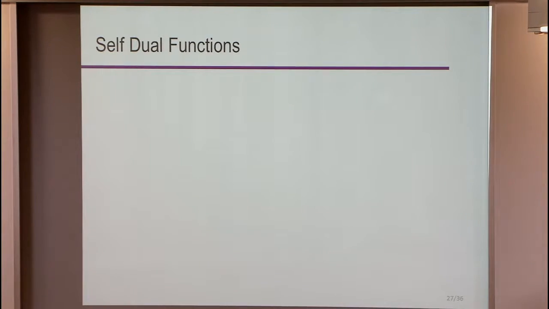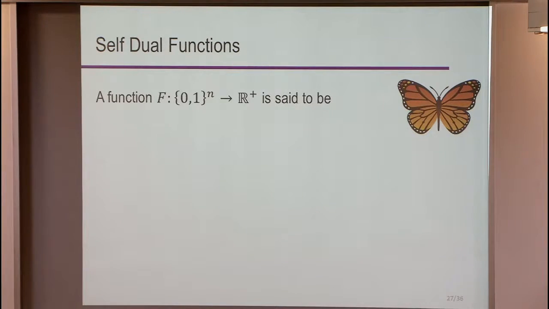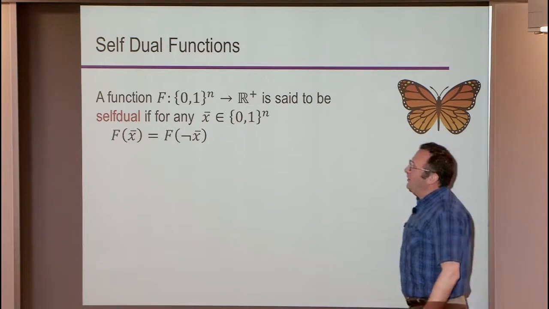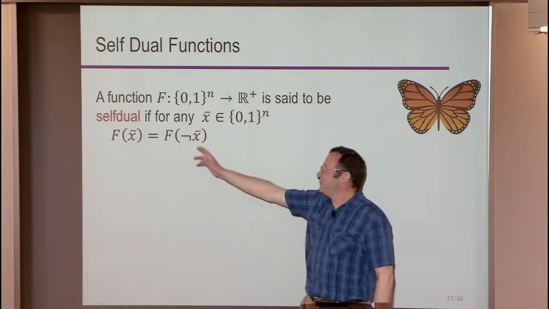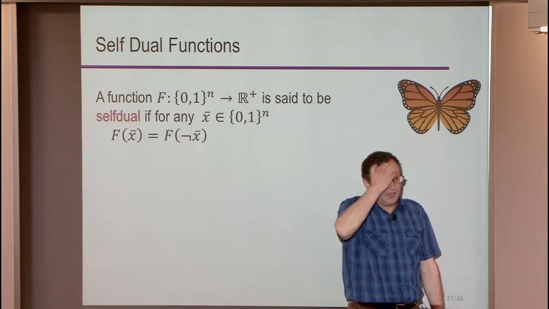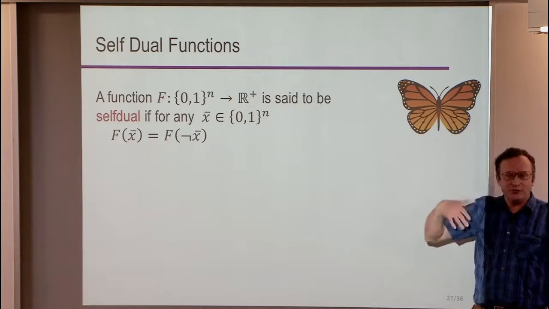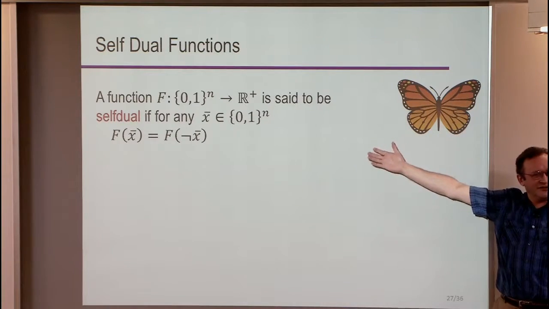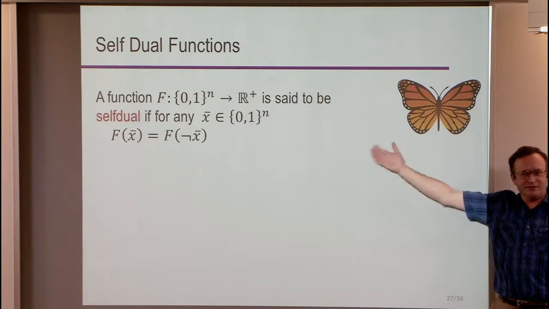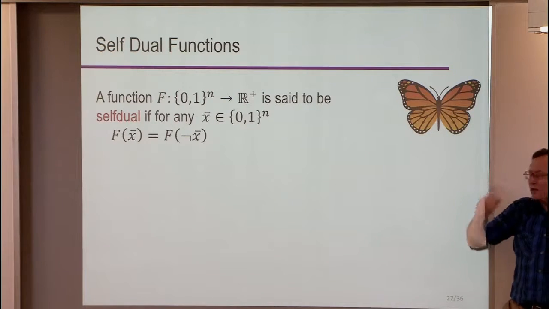Now look left. Self-dual functions. I say that a function is self-dual if for any assignment, if I flip every 0 and 1 in the assignment, the value is the same. Again, if you look at what people are doing in this workshop in particular, most of the talks are concerned with self-dual functions.